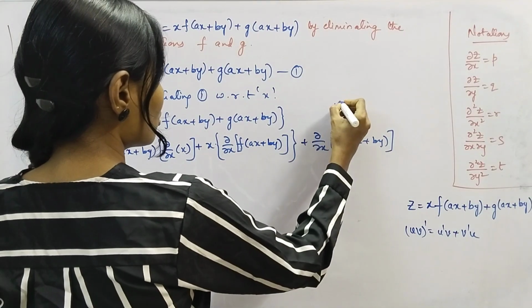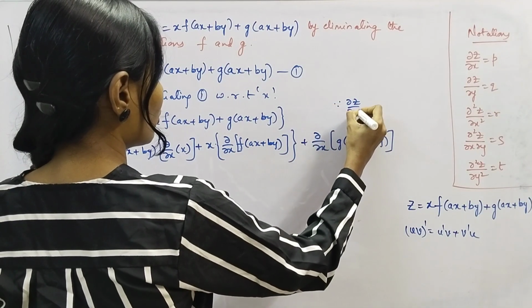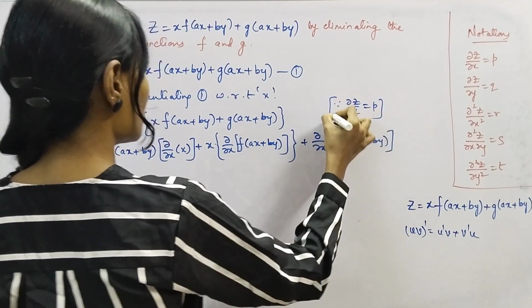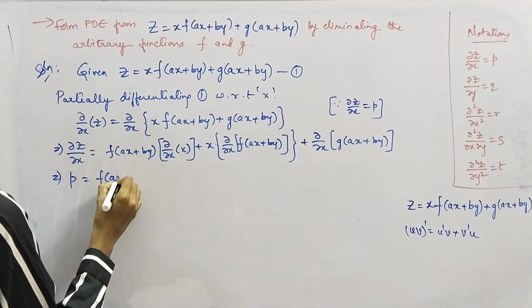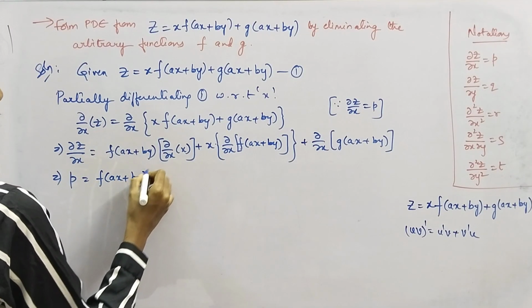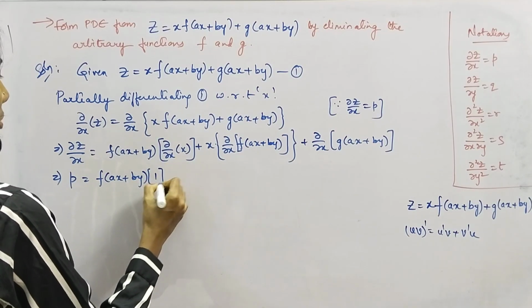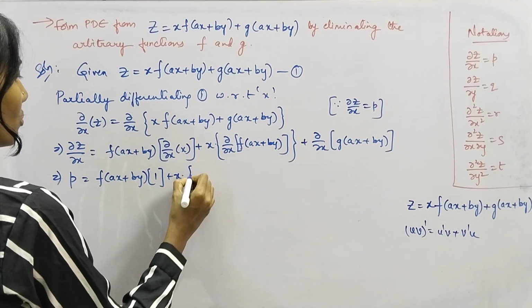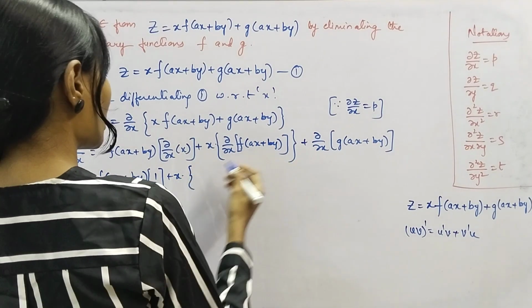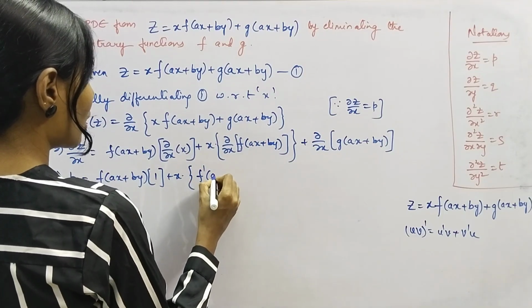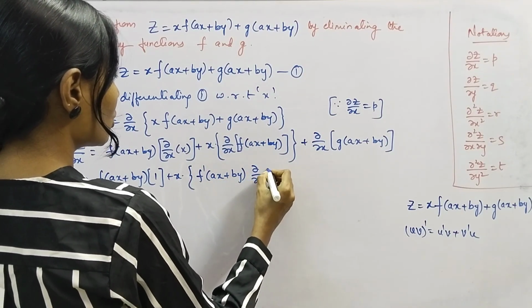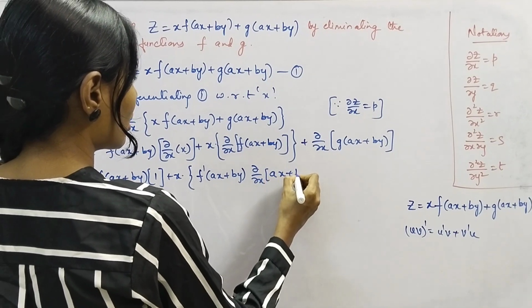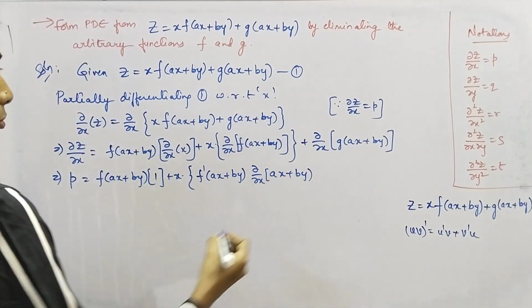Fine. Since dou z by dou x equal to p, let's replace it by the notation p. We'll get p equal to f of ax plus by into partial derivative of x with respect to x is 1, plus x times partial derivative of f of ax plus by is f dash of ax plus by into its inner derivative dou by dou x of ax plus by, right?